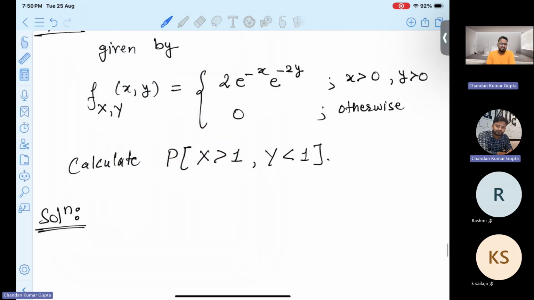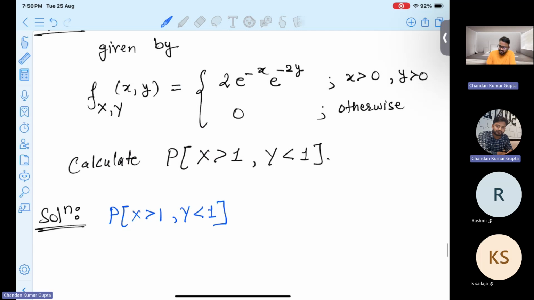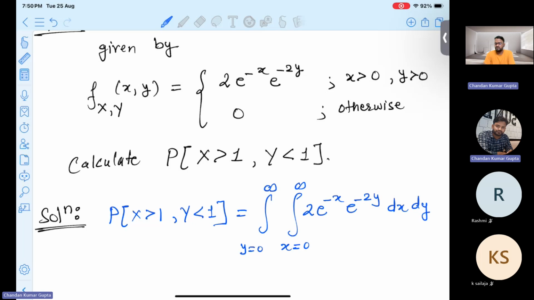So let's solve this. We need to find the probability that x is greater than 1 and y is less than 1. This is nothing but the integral of the PDF, e to the power minus x e to the power minus 2y, dx dy, where x goes from 0 to infinity and y also from 0 to infinity.